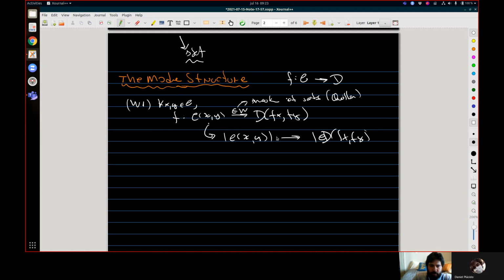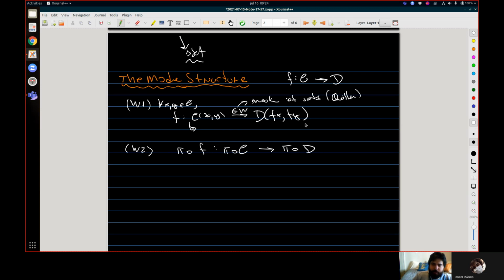So there's the definition. This is to say that F is locally a weak equivalence, in the sense that in all hom sets it is a weak equivalence. But not only that, we require that pi 0 F, which goes from pi 0 of C to pi 0 of D, is essentially surjective.